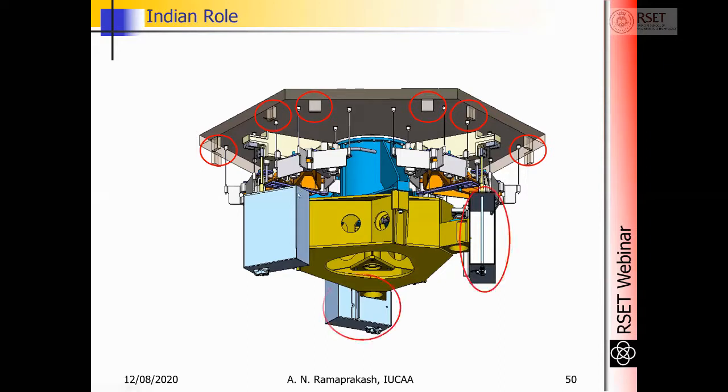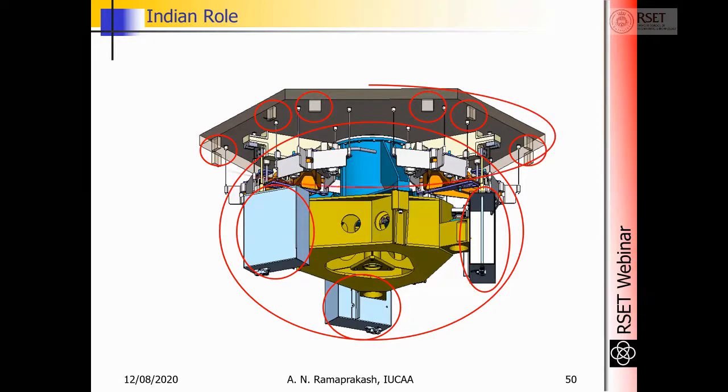There are these actuators which receive signals from these edge sensors and make sure that the mirrors stay co-aligned. Those actuators are all being made in India. This entire complicated optomechanical support system for the segments is all being made in India. And out of the 500 segments, about 100 of them, the actual mirror pieces also, are being made in India.